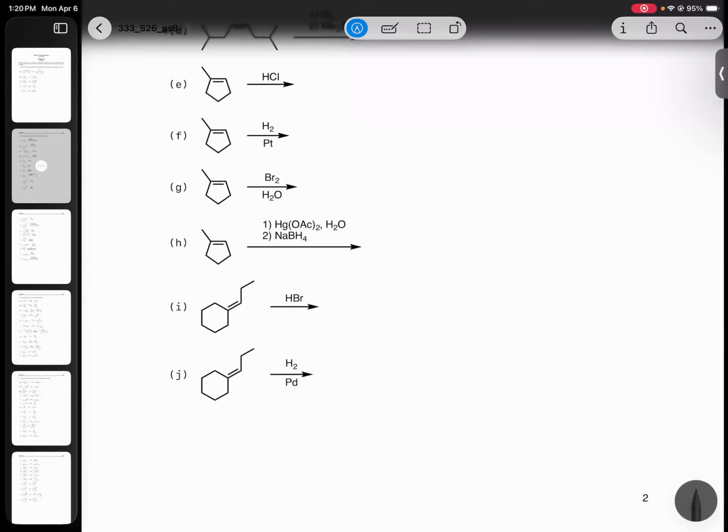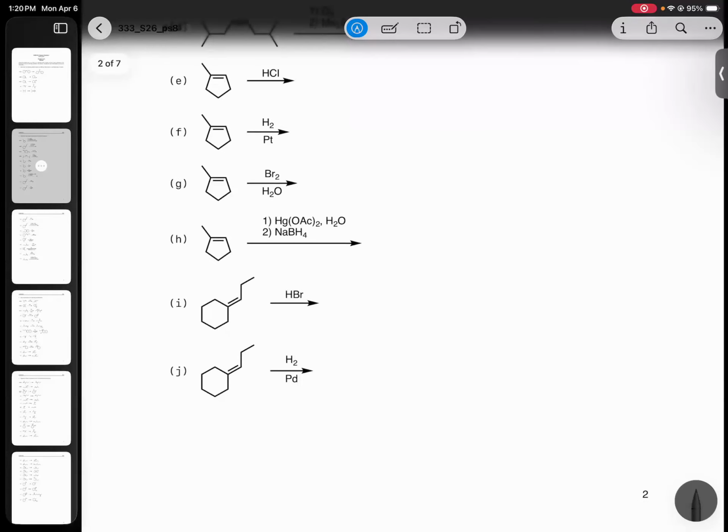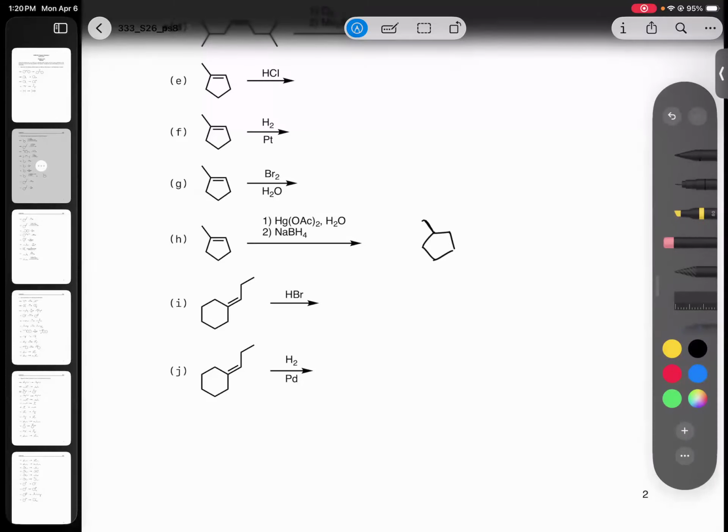And so even at this point, even if you don't know what the heck HgOAc does, you can draw the skeletal structure, or the core of the molecule. Oh, that looks like a wedge now. Sorry.